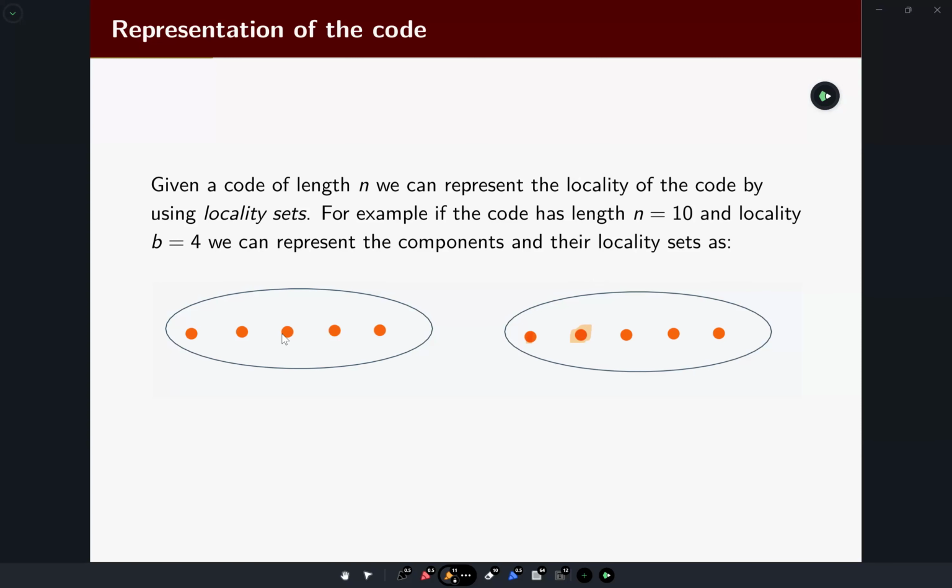And the same thing happens here. So from now on, remember, when I speak about locality set, I mean this representation here. In this case, we have 2 locality sets, and we have locality B equal to 4.